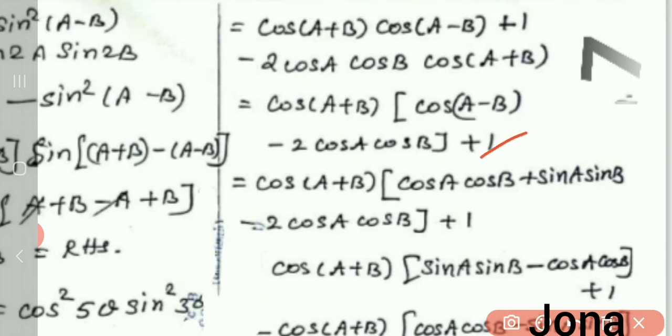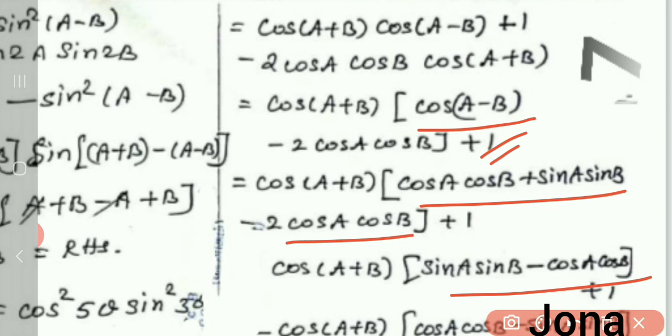It is the separate thing here. And then inside the bracket I have cos of a plus b, a minus b. That formula is cos a cos b plus sin a sin b minus 2 cos a cos b is there already. If you simplify these things, it will be sin a sin b minus cos a cos b.